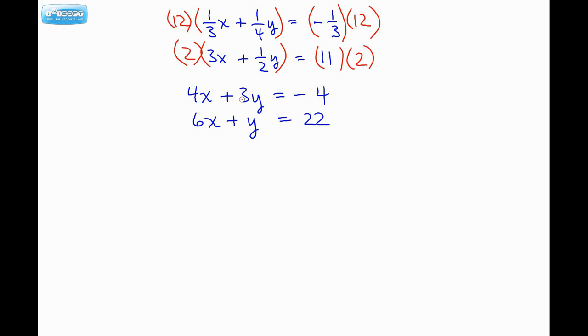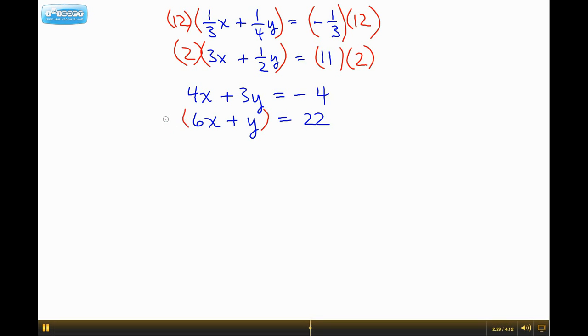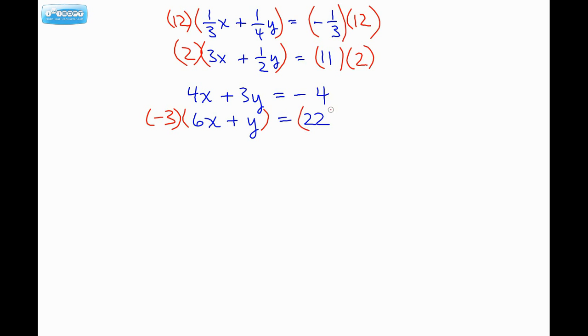This is a positive 3, and this is positive 1. So I can achieve my goal by just multiplying equation 2 by -3. I don't need to multiply equation 1 by anything, so it stays the same, unless you want to multiply it by 1, which changes nothing.